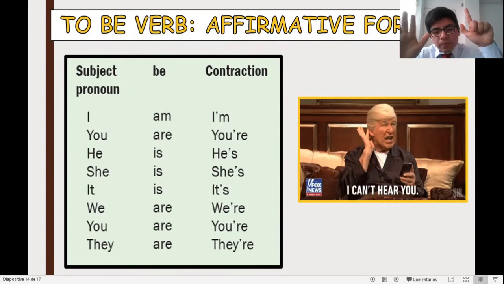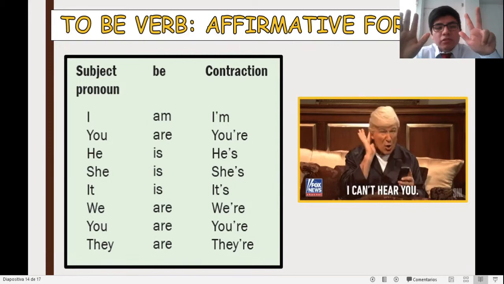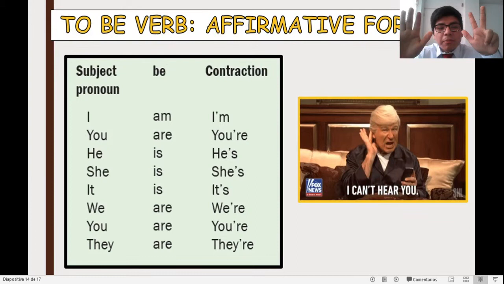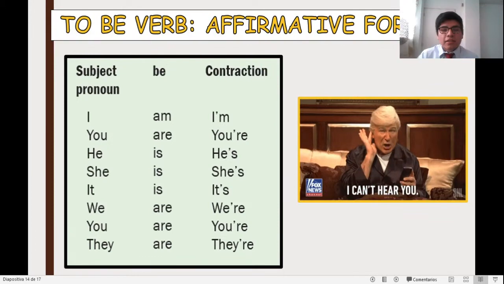And finally you have they're. You have 8 pronouns with the verb to be. Exactly. Now you know the correct pronunciation of the construction of the affirmative form of the to be verb, right?